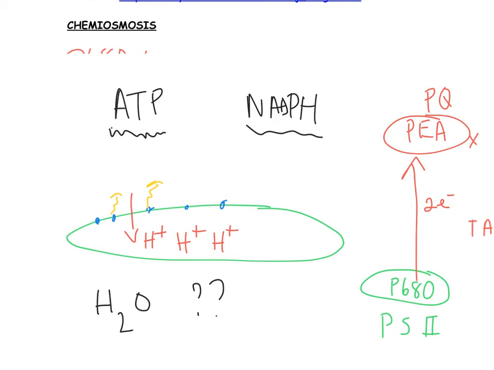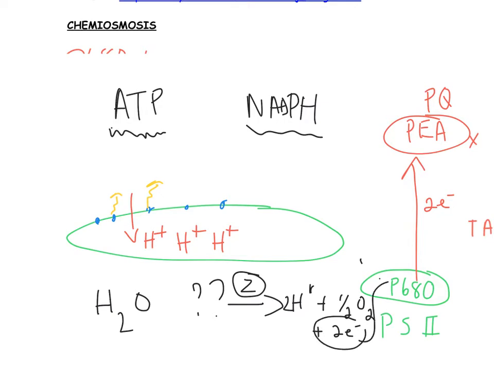But when those electrons leave, they need to be replaced. When we split water using a Z protein, we produce some hydrogen ions, and we produce an oxygen, half of an oxygen molecule if we're looking at molar ratios, but we also release a couple of electrons. The splitting of water is important because it helps to fill the hole in P680 so that photoexcitation can continue to happen and the electron transport chain can continue to be fueled.